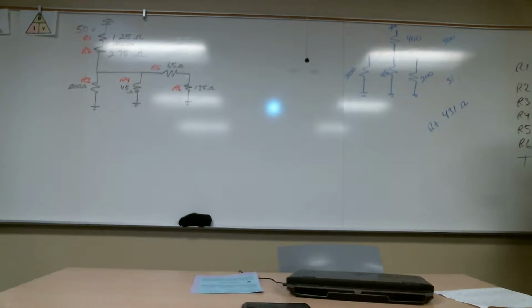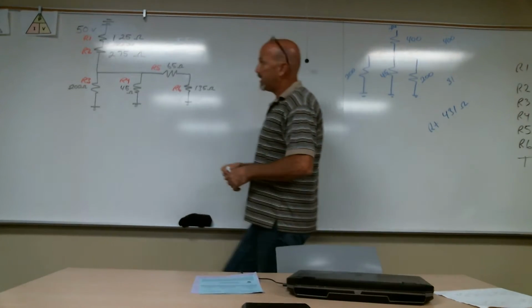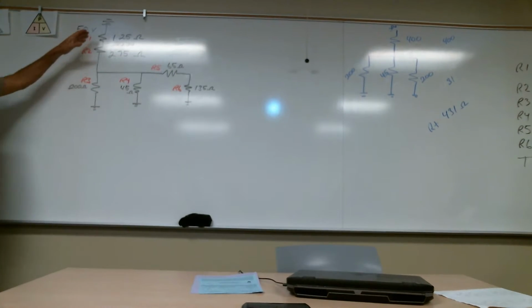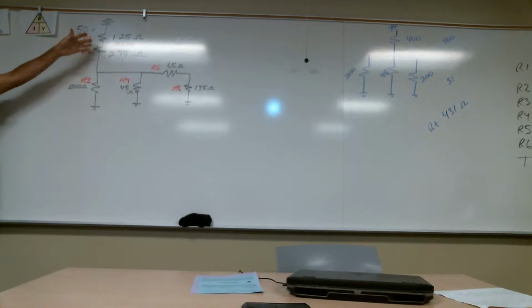R1 and R2 only. The reason it's only R1 and R2 is because there's only a single path, like aisle number 4 at the grocery store.